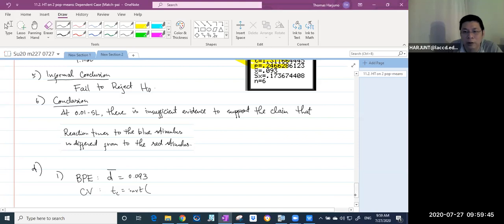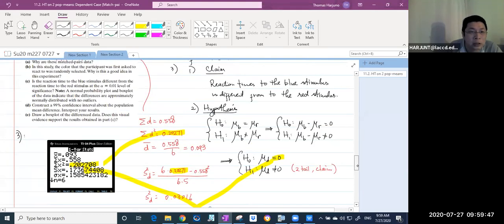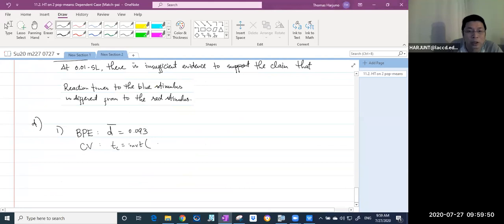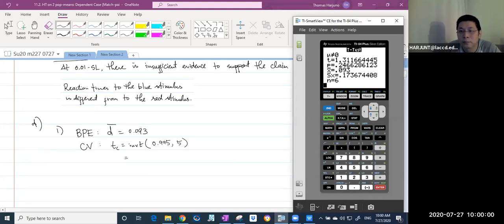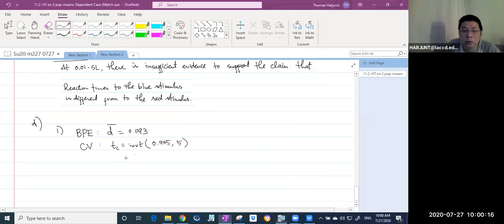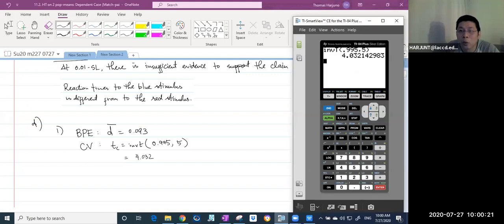What is the significance level? 99%. So this will be 0.995, degrees of freedom 5, which gives 4.03 something 14.